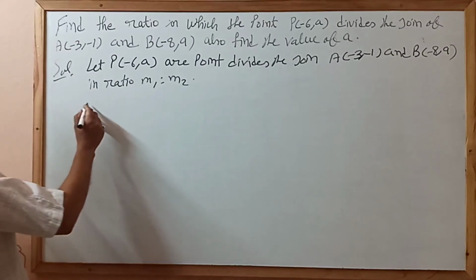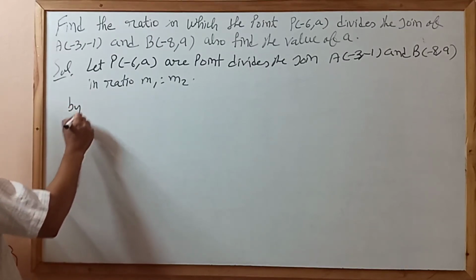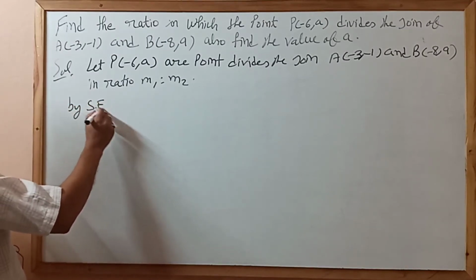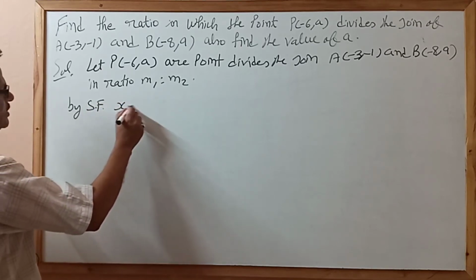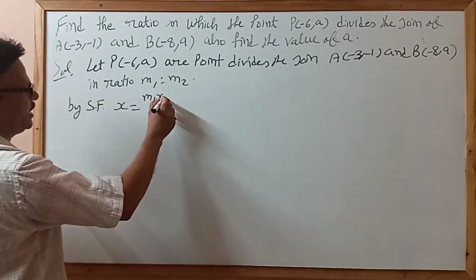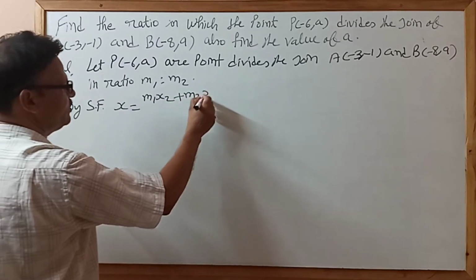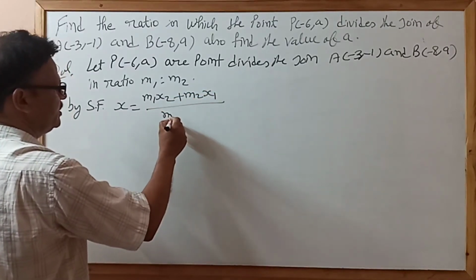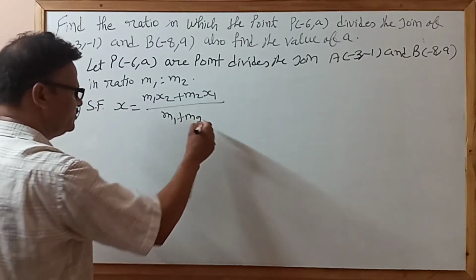So first of all, by section formula, x is equal to (m1 x2 + m2 x1) over (m1 + m2).